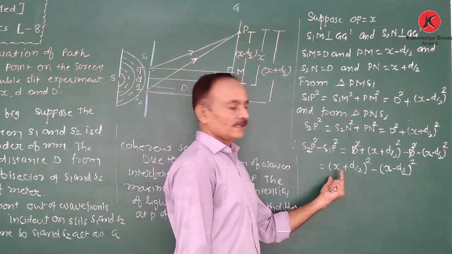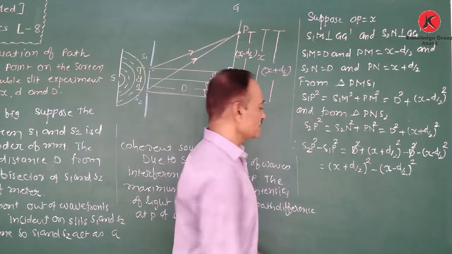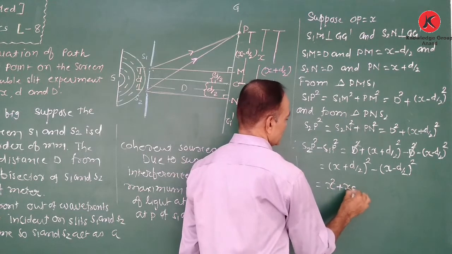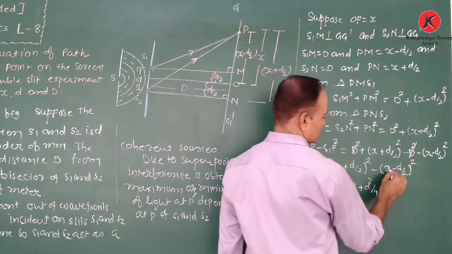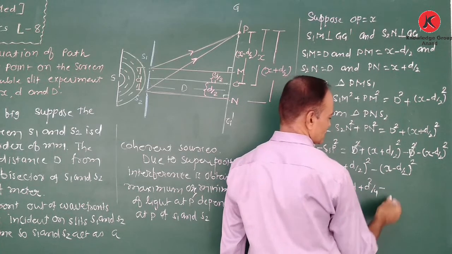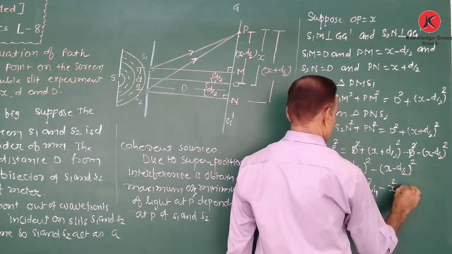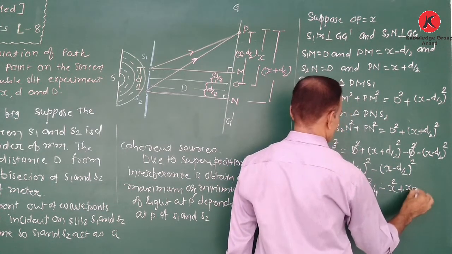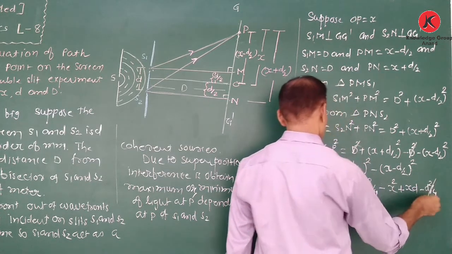Now we simplify A plus B whole square, so A square plus 2AB plus B square. According to that, X square plus XD plus D square by 4. Here the second term we open with the negative sign, therefore X square minus XD, and negative times negative is positive, so minus D square by 4. That is cancelled.